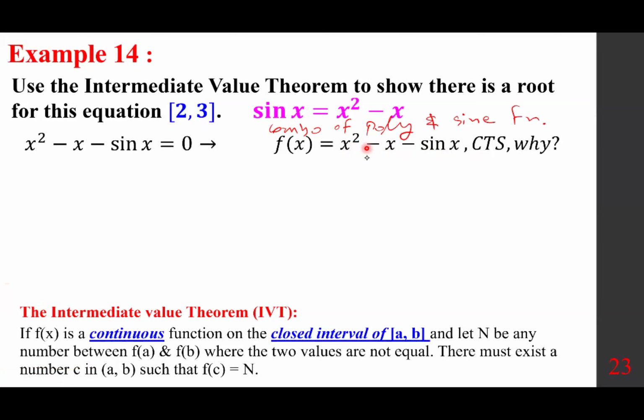The domain for any polynomial function is all real numbers, the same thing for sine, and therefore it's continuous from negative to positive infinity. Therefore, it's continuous from 2 to 3. We are going to look at a couple of values.